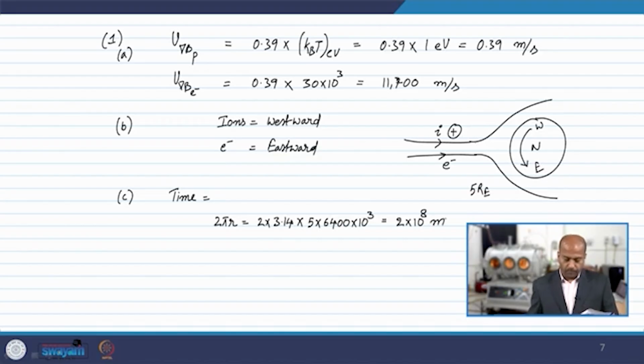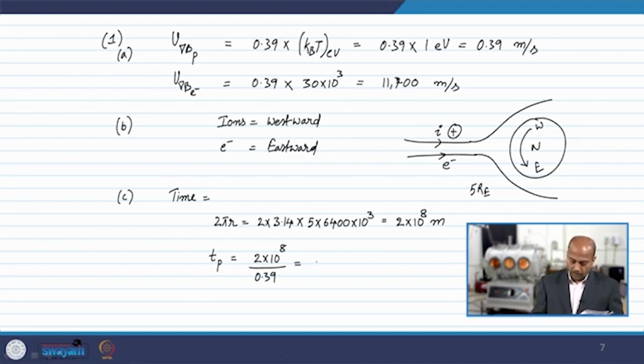So, the time that is taken for the proton, because we know the velocity, we can simply calculate distance by velocity will give you the time. So, this is 2 into 10 to the power of 8 divided by the velocity, 0.39, very small velocity.